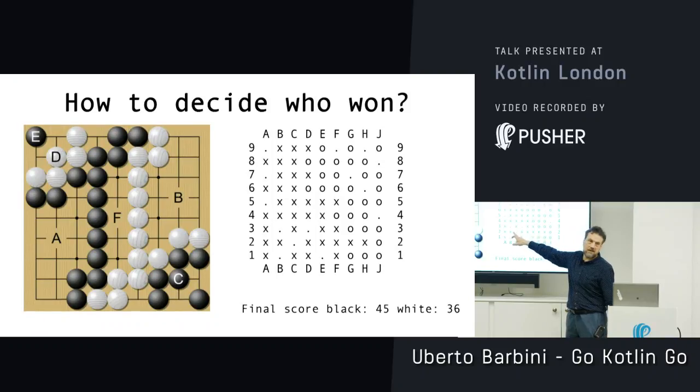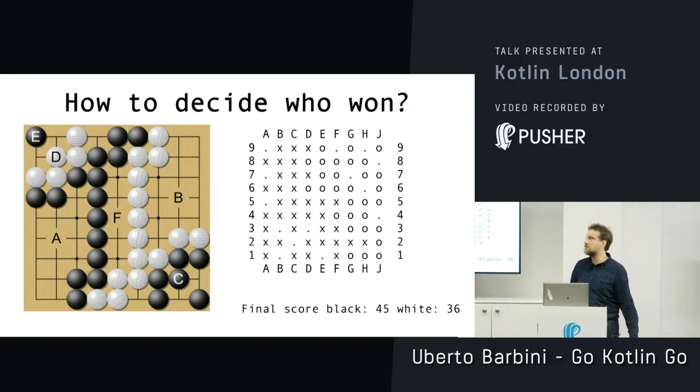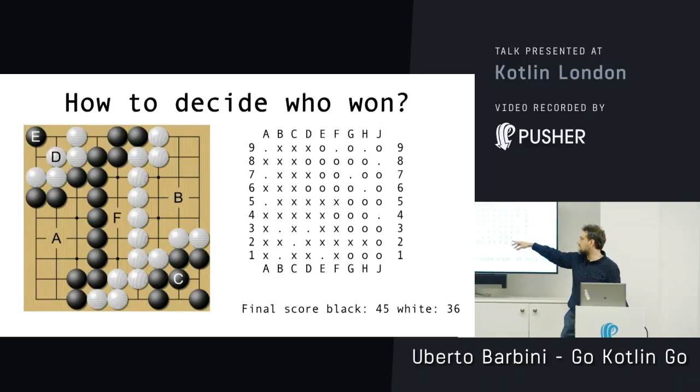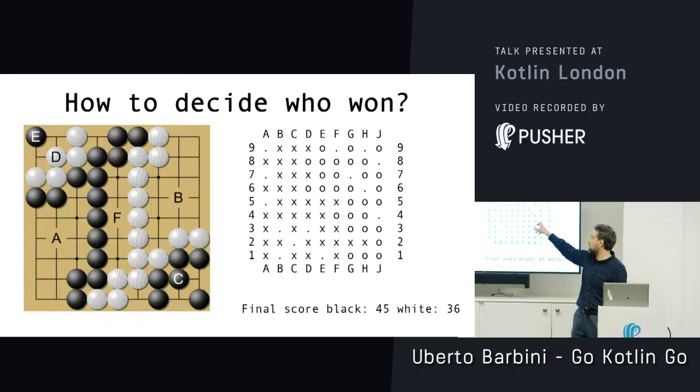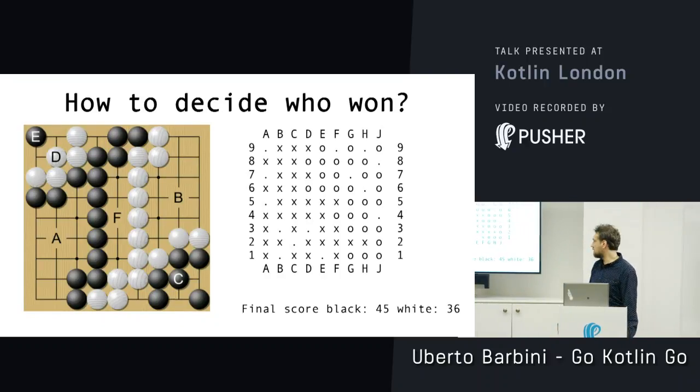Black will never play here. And white cannot play here because it will be suicide. And so when there is no place that you can play, you just quit. Then the computer can just calculate the number of stones and the points that are surrounded by each side. But it's strange because you have to keep playing much more than a human would.